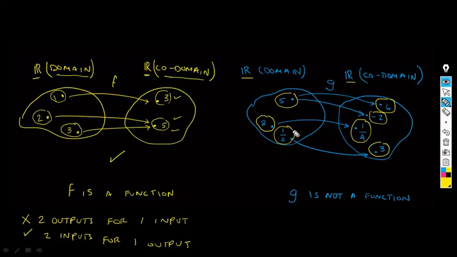So I want you to understand the difference between what's happening right here, okay? We have one output being associated to two inputs, and I'm telling you that's perfectly fine. And what's happening right here, in which two outputs are being associated to one single input. That is what cannot occur in a function, and that's why G is not a function.